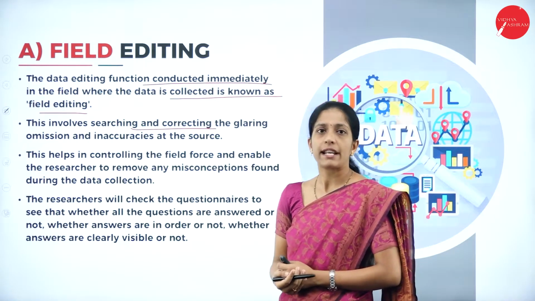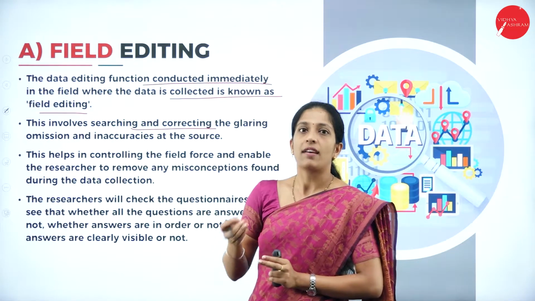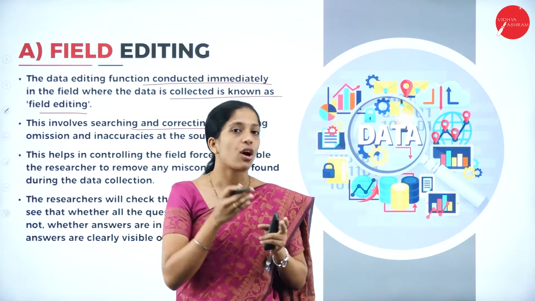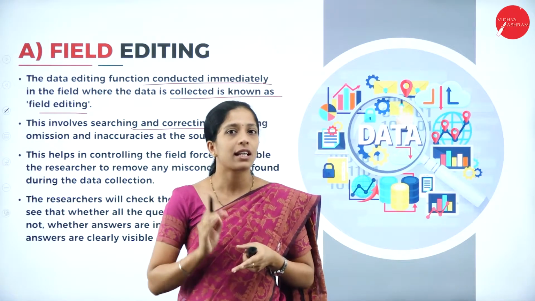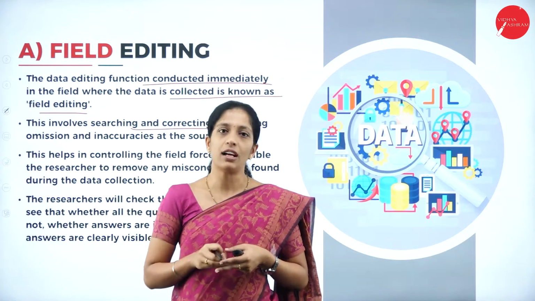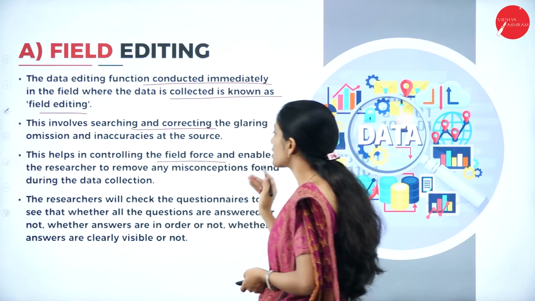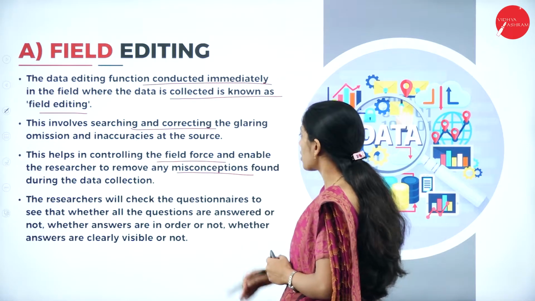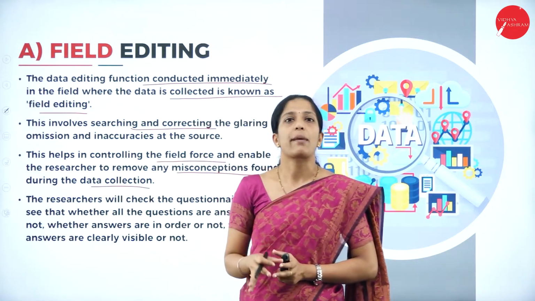So what is the main intention of field editing? In order to check inaccuracy. Suppose the respondents have made any mistakes, or have not answered the questions properly. In that situation, he can immediately contact the respondent and fill the questionnaire. This helps in controlling the field force and enables the researcher to remove any misconceptions found during data collection, any type of doubt.